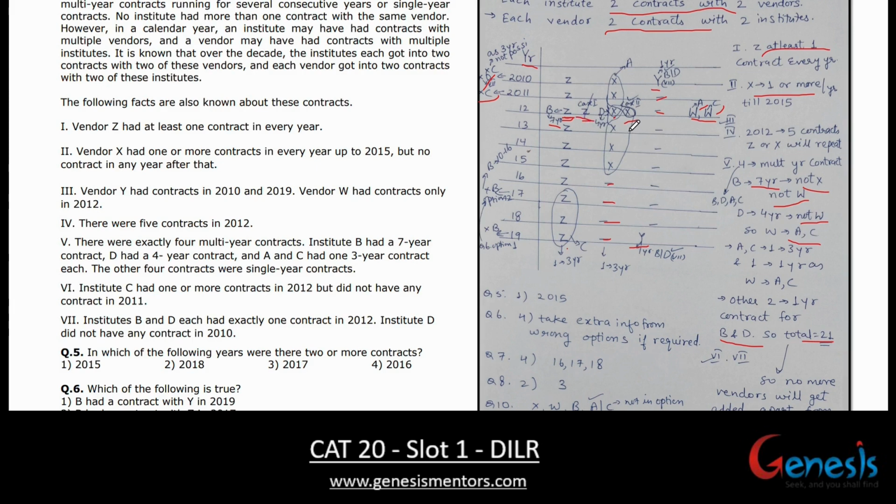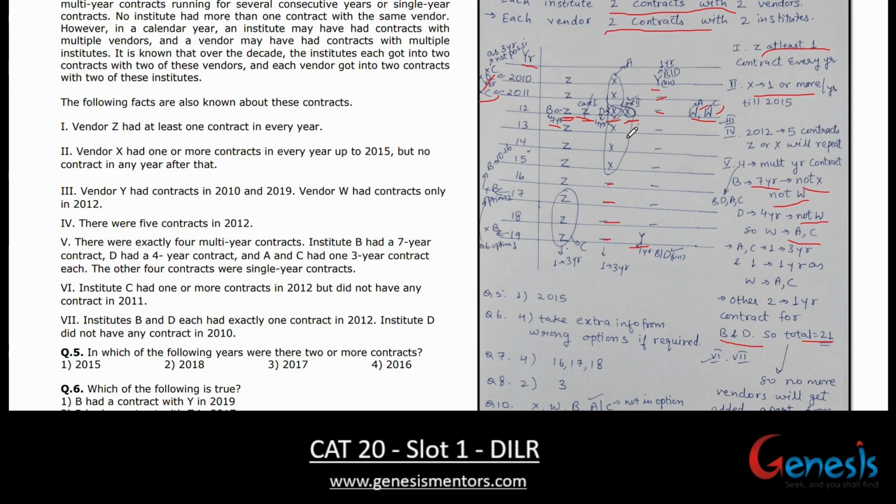With whom will the contract be? With X. So X will get repeated, right? If X gets repeated, then out of these 2 X's, 1 X is involved in D and 1 X is involved in A or C, right? If this X is involved in A and C, and 2013 is also involved in A, C, then the 4 years for D will not be available.